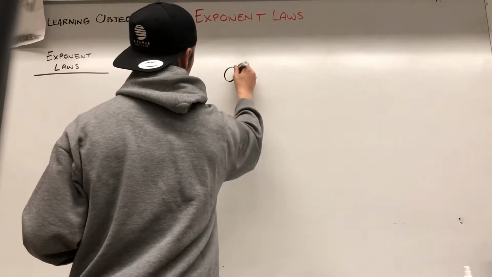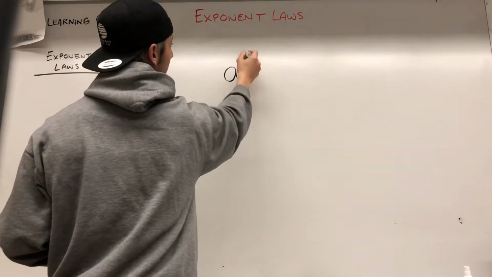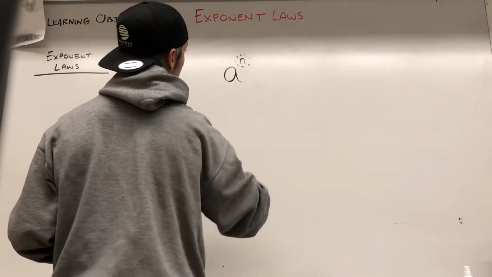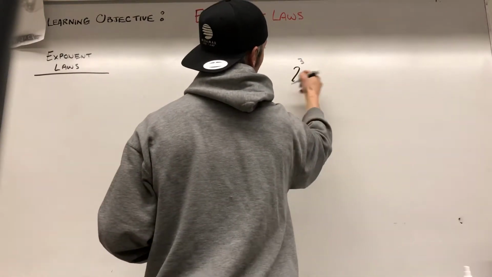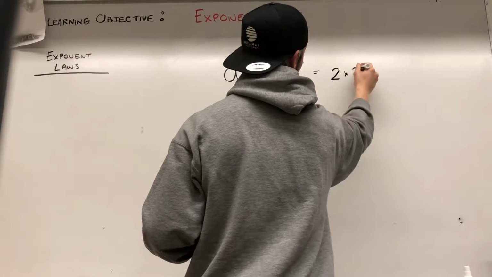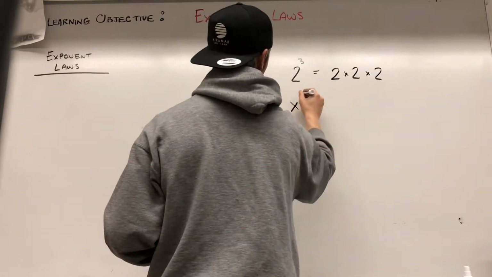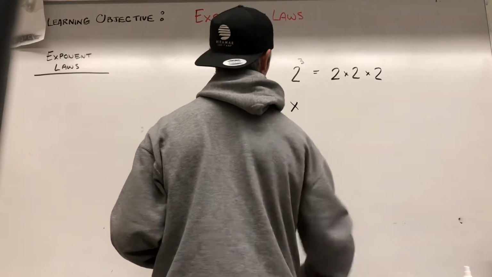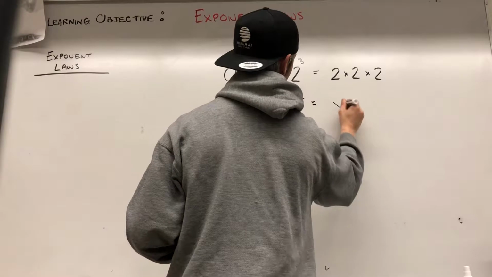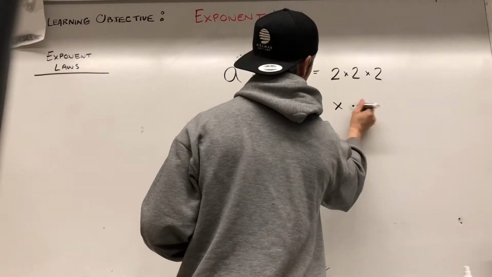Well, any number a to the power n, to the power of a number, this is the exponent. So if I have 2 cubed, what does that tell me? It just tells me that I need to multiply 2 by itself 3 times. So 2 times 2 times 2. If I had x squared, it would tell me that I have to multiply x by itself, x times x.